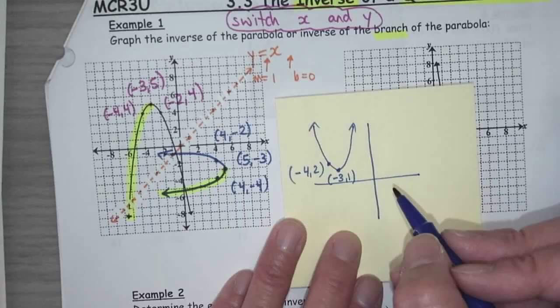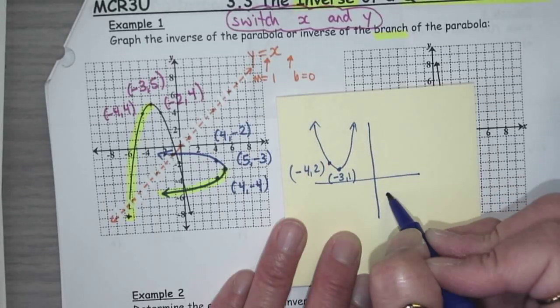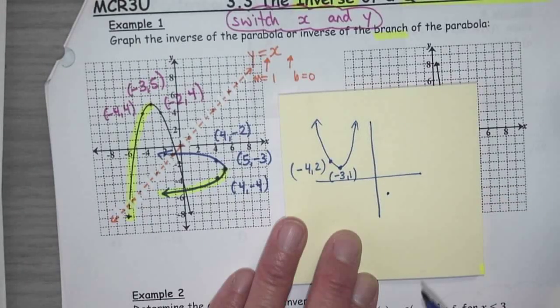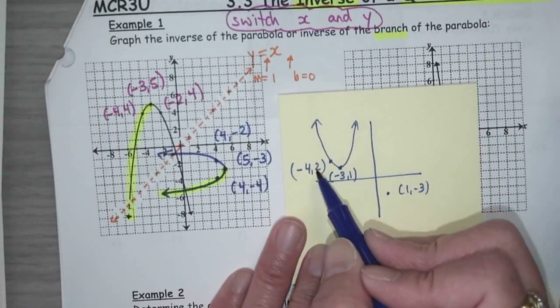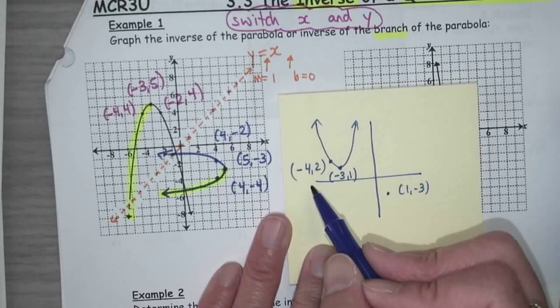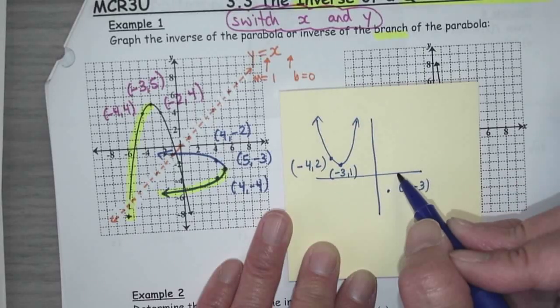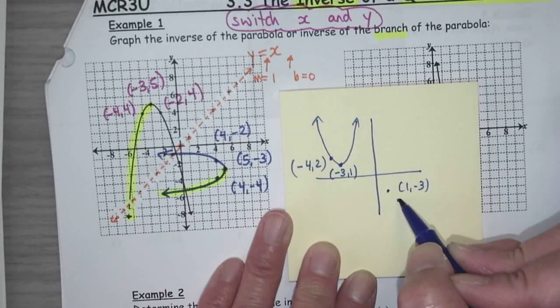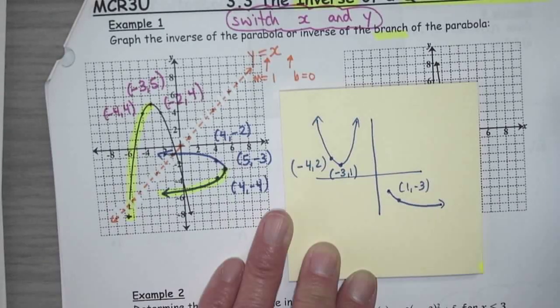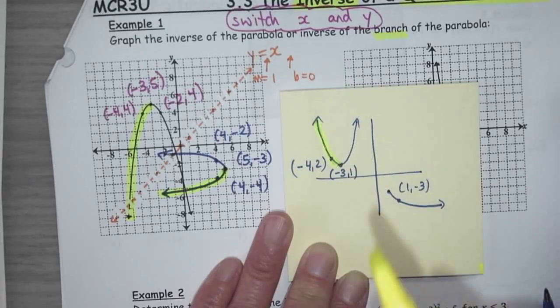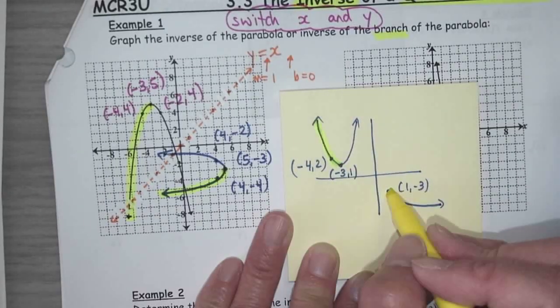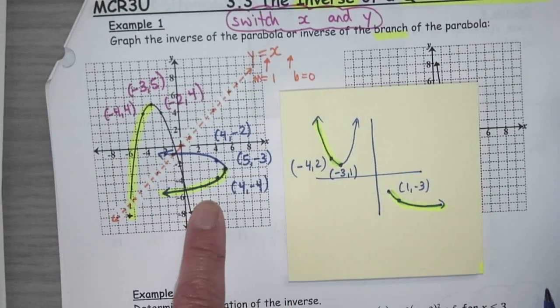I take that vertex and I go 1, negative 3. That's okay? Right? So that's 1, negative 3. If I take negative 4, 2 and flip it, that would be 2, negative 4. It would be underneath. So once again, the left branch of my quadratic will be the under part of my new relation.